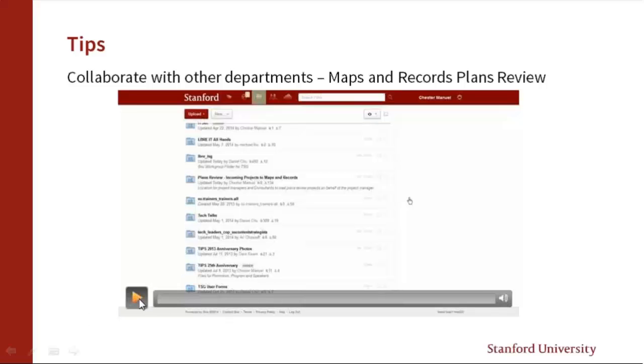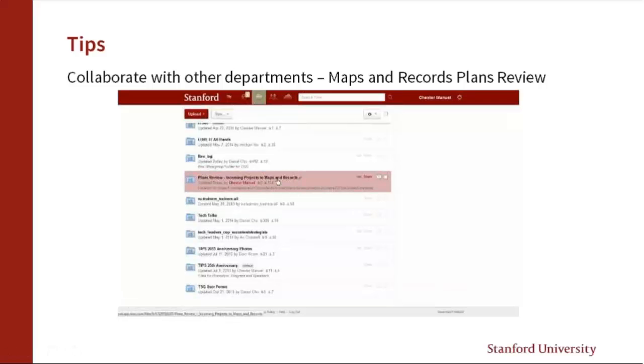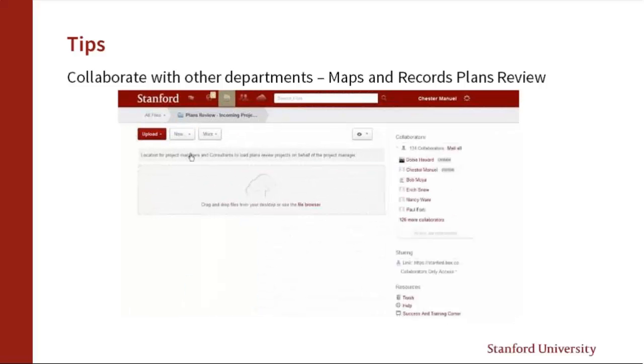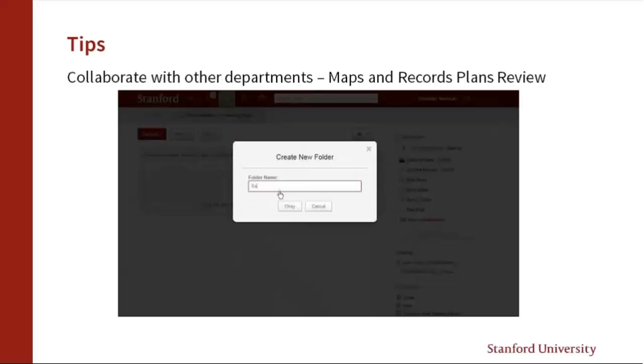So this is how you find the DPM review folder by clicking on it. Once you're inside, you want to create a new folder for your project. Select the new button, new folder, and add a name. Once you've finished, go back to the folder you just created.